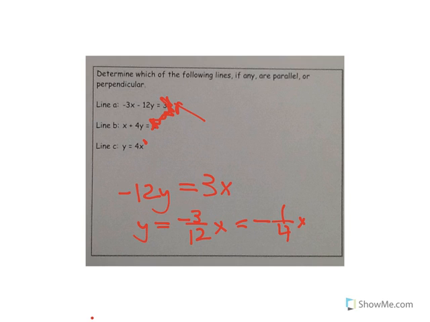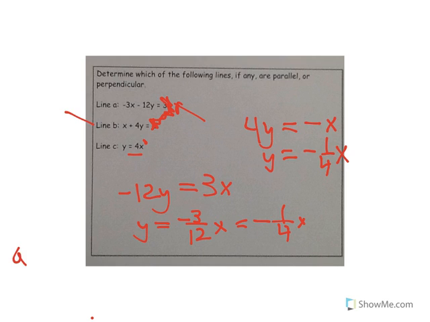Now I'm going to do the same thing with this line here. I'm going to bounce the x over, so it's now going to be 4y is equal to -x. y is equal to -1/4 x, because I'm going to divide both sides by 4. So I've got my slopes, and I've got my final slope there. It's already listed as -4.